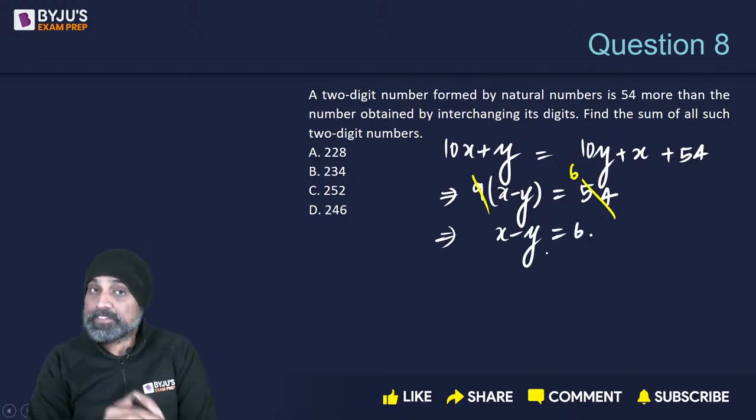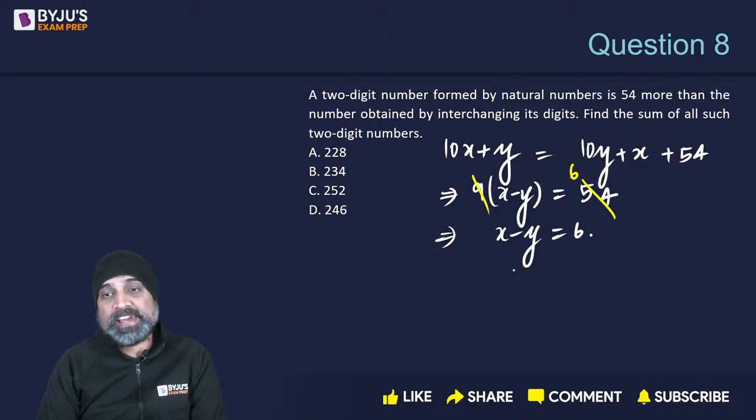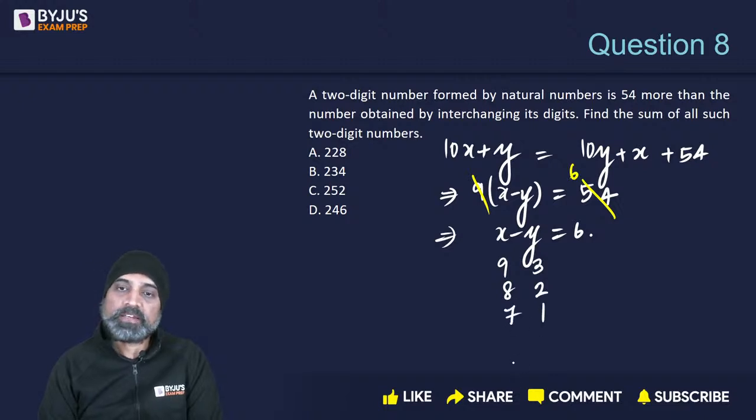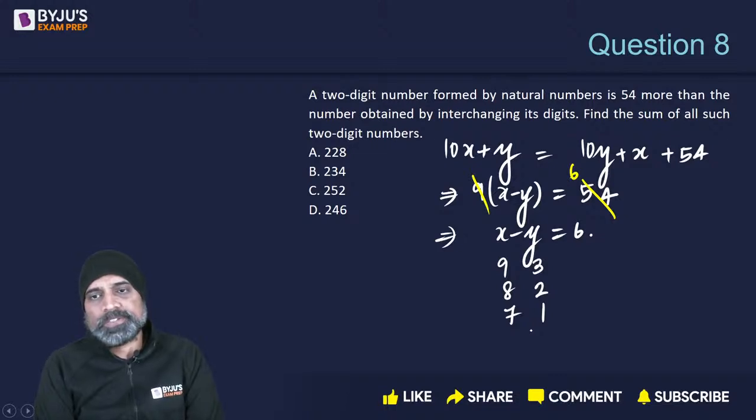Now please remember, x and y are digits. So we can have x and y as 9 and 3, we can have 8 and 2, we can have 7 and 1, and I think this is good enough, because 6 and 0, if we interchange it, it should not make sense, right?